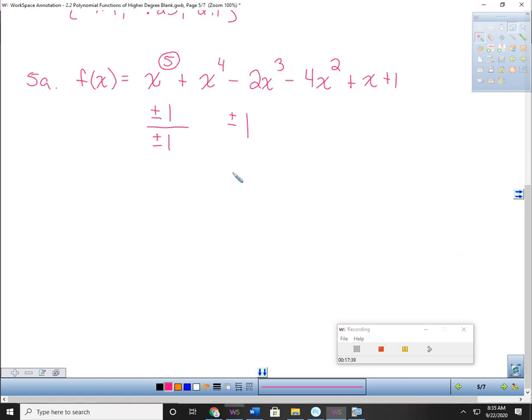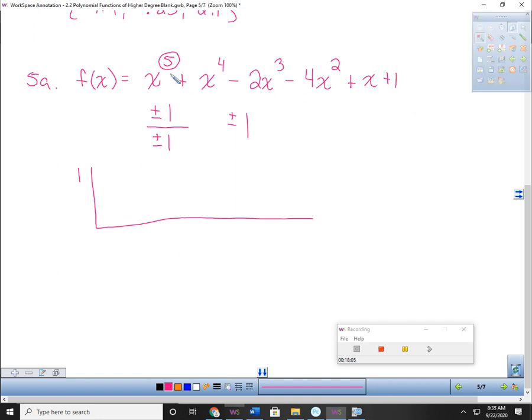Now I could graph this and see if it crosses at positive 1 or negative 1, and then I would know that one of those works. But we're going to start off with positive 1. So remember, when you synthetically divide, this is kind of a review of that. You got to make sure all of these are in order. So we have x to the 5th, x to the 4th, x to the 3rd, x to the 2nd, x to the 1st, no x.